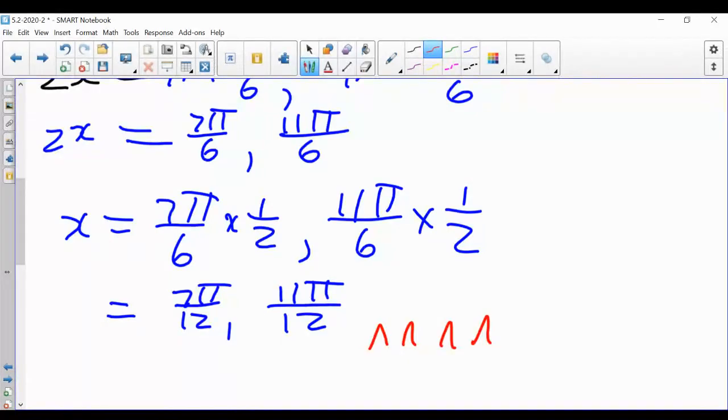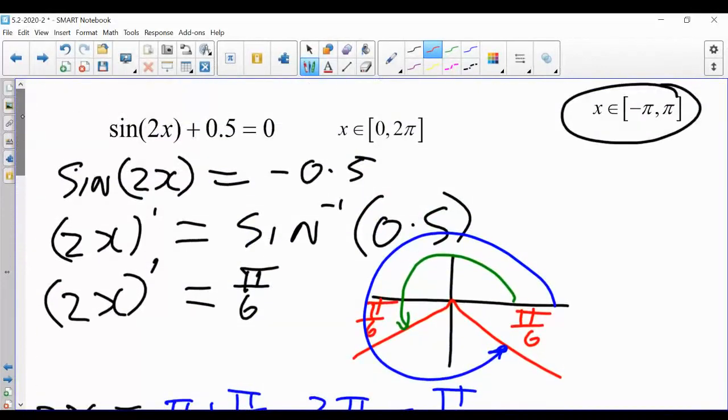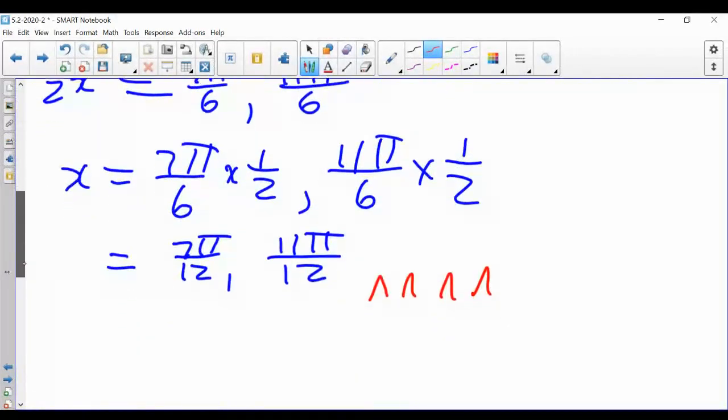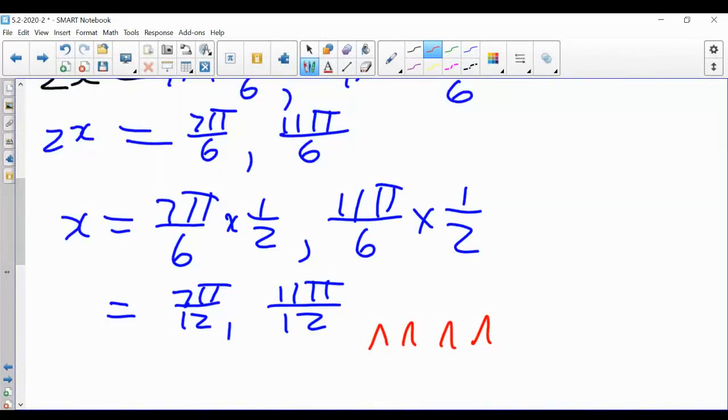Okay. So let me tell you what the piece of the puzzle is that I didn't let on before. Because it's a 2x equation, and because we're being asked to go from 0 to 2 pi, at some point in the equation, to get our answer, we have to divide by 2.